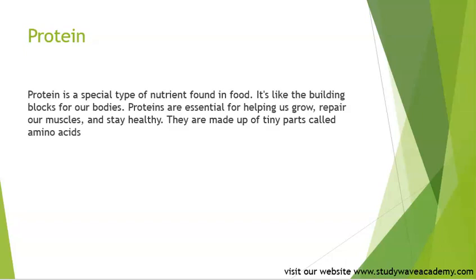So protein is a special nutrient found in food that helps us grow, repair our muscles and tissues, and stay healthy. Proteins are used to build and fix things in our body. So we are going to be looking at the categories of protein.